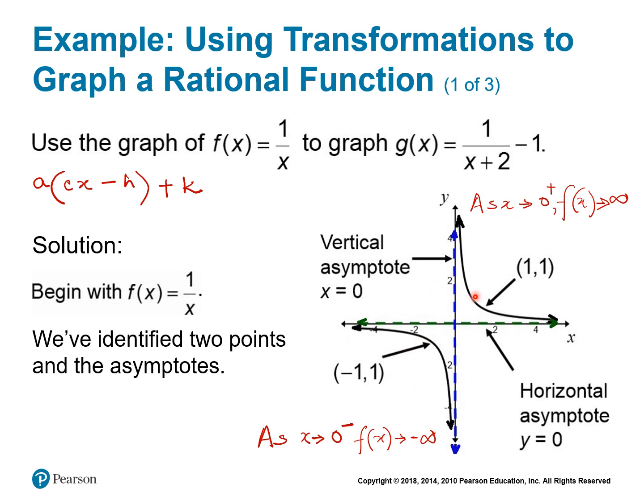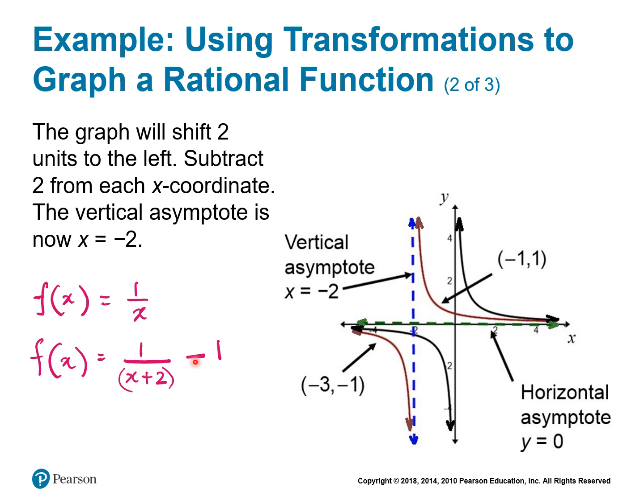As far as the horizontal asymptote is concerned for this part of the graph, as x values decrease, the graph heads towards the horizontal asymptote, which is y equal to 0. So that's the behavior of the graph 1 over x, which has a vertical asymptote at x equal to 0 and a horizontal asymptote at y equal to 0.